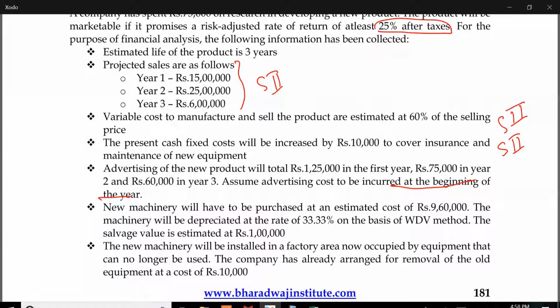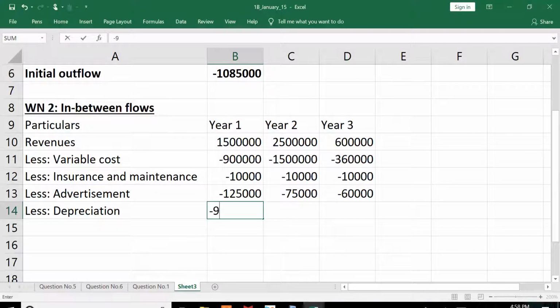What will be the depreciation in the first year? It is 9,60,000 divided by 3. Salvage value and all will not come into the picture. 960 divided by 3.